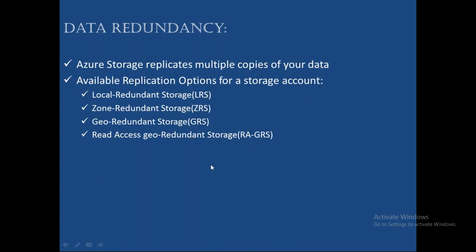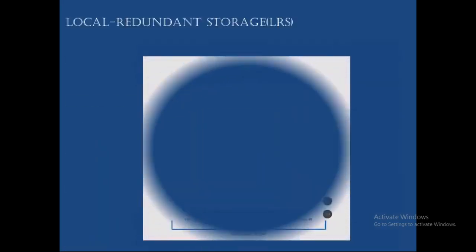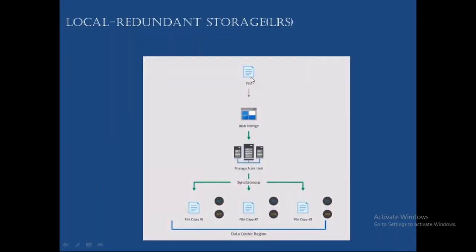What is LRS? It's local. Local means all your 3 copies of data will be at a single physical location. It's nothing but a single data center, a single availability zone. Let me show you. See here, you upload a file into the blob storage.